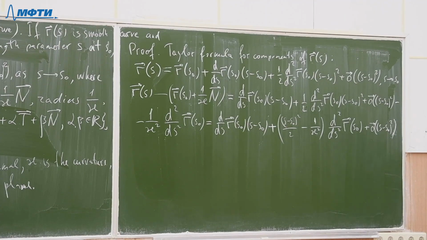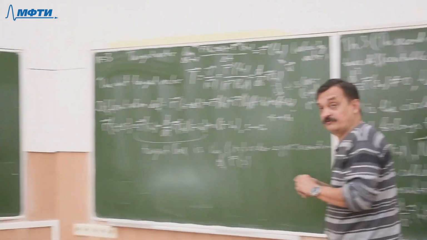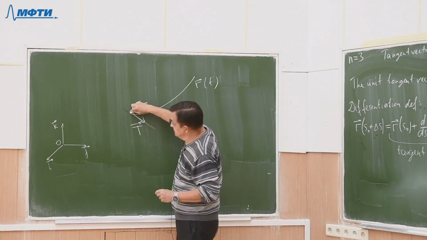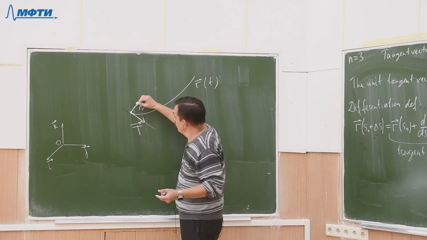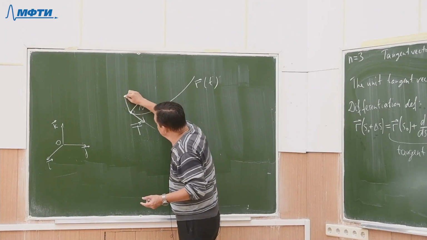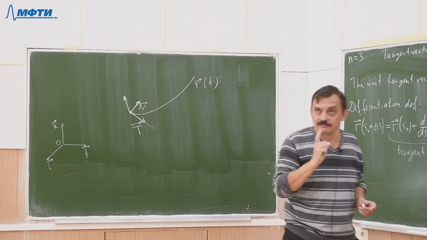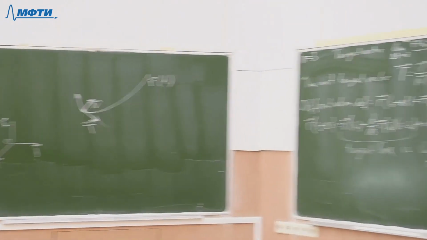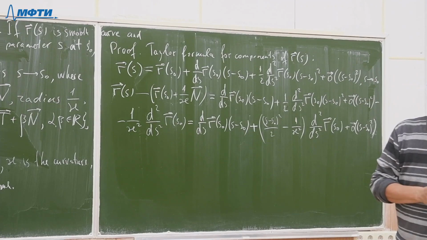Then, now look, we have two orthogonal vectors, right? Hence, there is a third vector which is orthogonal to each of them, right? For a while, I don't want to call this vector somehow. Later, it will be called specially. For a while, this is just a third vector, right?